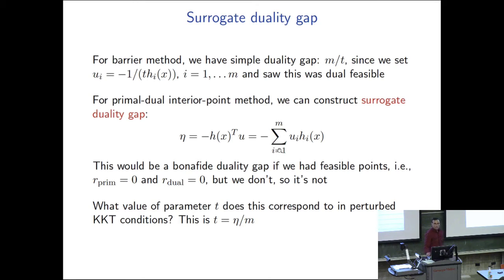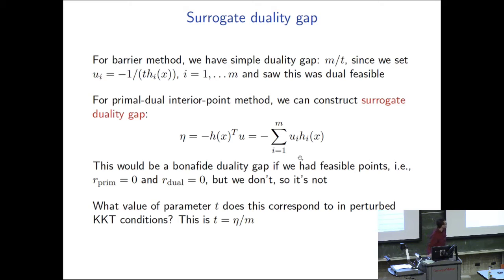We can still do this. No one's stopping us from just evaluating this functional for an arbitrary value of u and x. But it won't be a duality gap. It won't actually bound the suboptimality that we're seeing in the primal unless we had primal feasible points and dual feasible points.